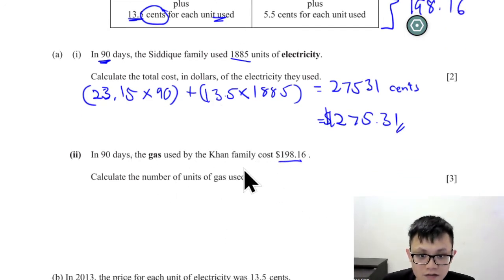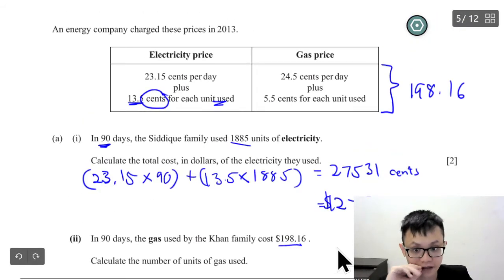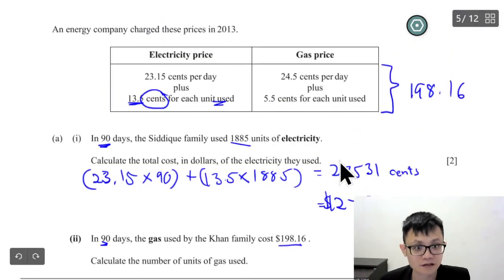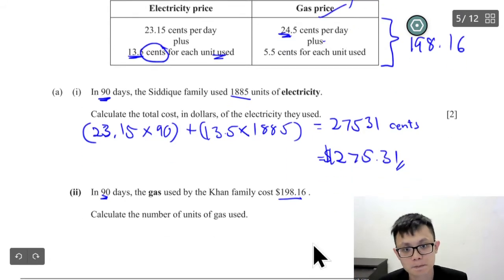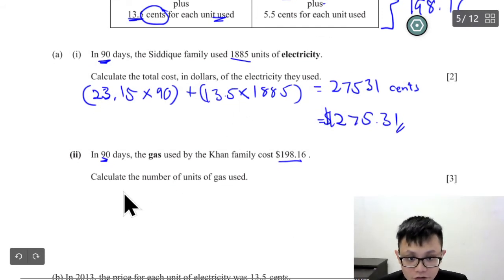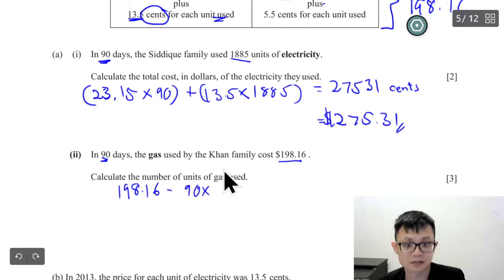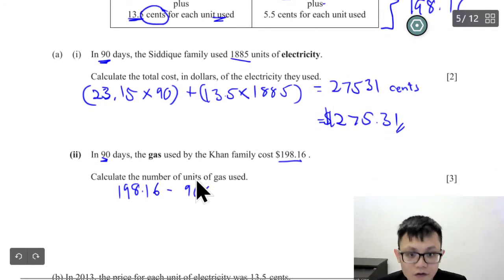For the cost of the units, I need to subtract the 90 days first, correct or not? Because here we have 24.5 cents per day, so I need to multiply by 90 first. So we use 19860 minus 90 days times the rate per day, 24.5.